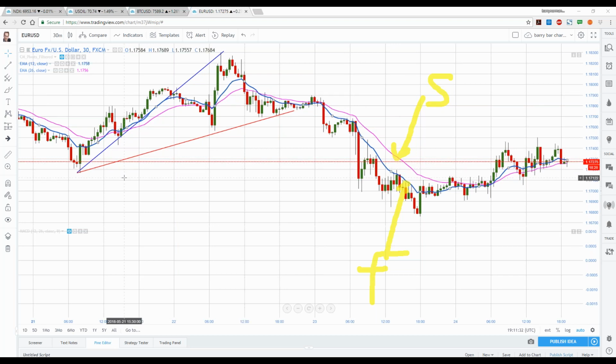If we subtract one from the other, we're going to have either a negative number or a positive number. And whenever that number equals 0, what do we have? We have the two moving averages crossing over, because when they cross over, they are exactly the same number. So when we subtract one from the other, it's always 0.